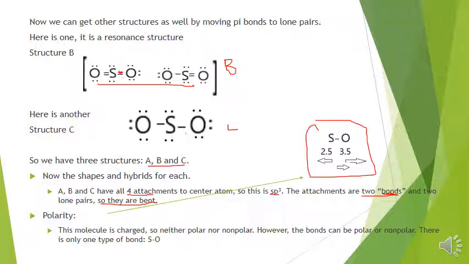So the resultant ends up being 1 polarity towards oxygen. So electrons are being pulled towards oxygen for each bond, but that doesn't affect the overall charge, as the charge of this molecule is -2. Remember, you can have polar molecules, nonpolar molecules, and charged. If it's charged, it's given a charge. If it's not given a charge, it's either polar or nonpolar.